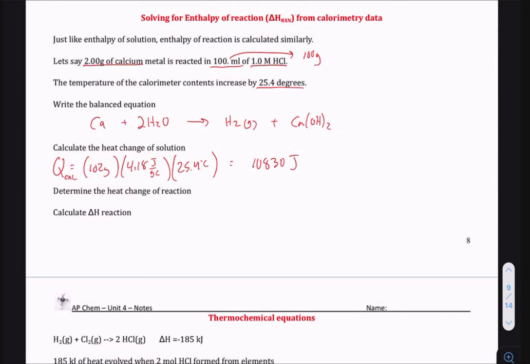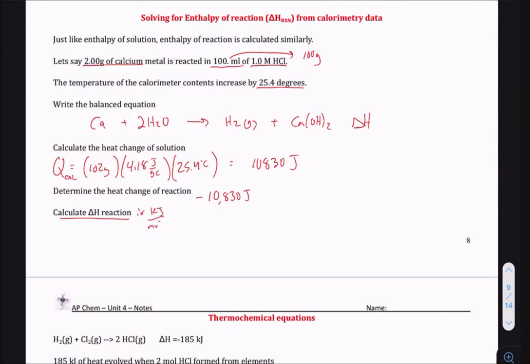Determine the heat change for the reaction. Okay, remember, this is for the solution. The reaction, of course, is going to be the same magnitude but opposite sign. So negative 10,830 joules. Calculate the delta H for this reaction. The delta H for reactions by convention is in kilojoules per mole.